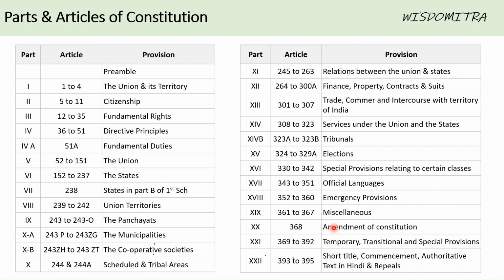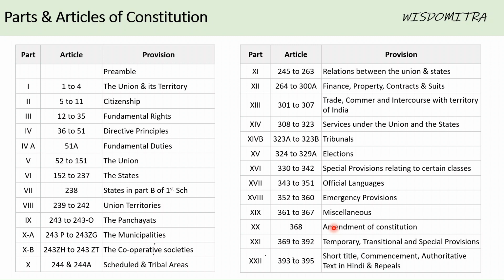If you see, the articles in Parts 9, 9A, and 9B were added by later amendments during the time of Mr. Rajiv Gandhi, and that is why they have been added with a suffix. And why have they been added over here only?